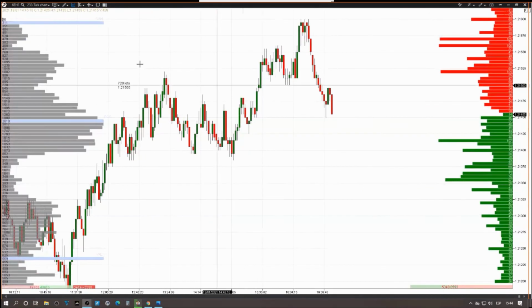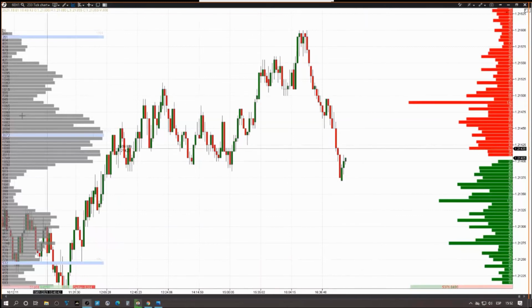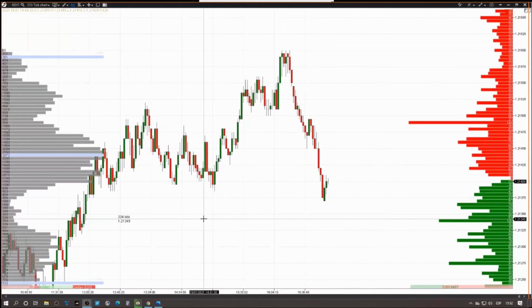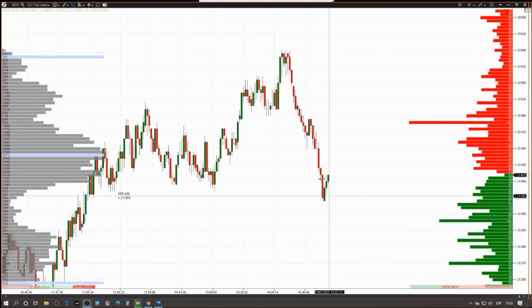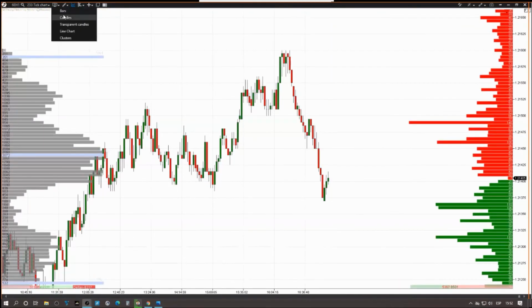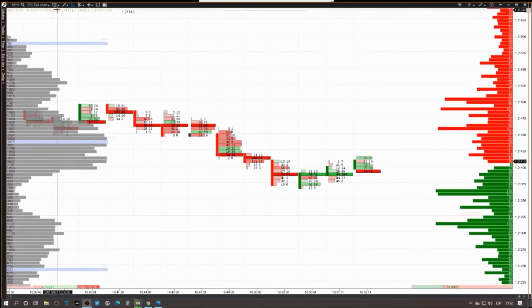Also, besides just looking at the liquidity to confirm an action at certain levels, and looking at the volume, you can also look at whatever is happening inside each candle. You can see each trade. Let me just show you right now.